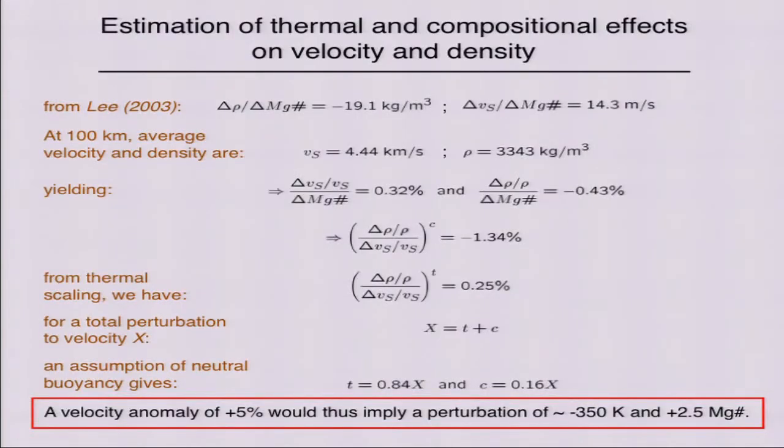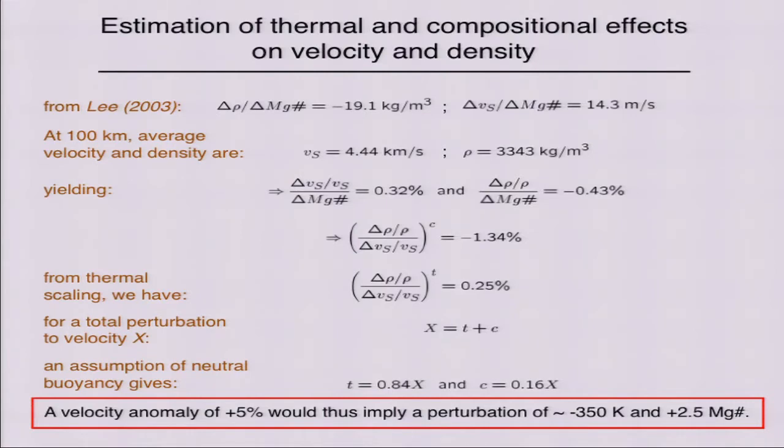We don't have to go through this whole thing, but if I take thermal scaling from the oceans and compositional derivatives from Sinti's work, some people like other derivatives, then we can work out that for a depth of 100 kilometers in the cratons, with the requirement that the densities balance from composition and thermal scaling, about 85% of our signal comes from temperature and 15% from composition.